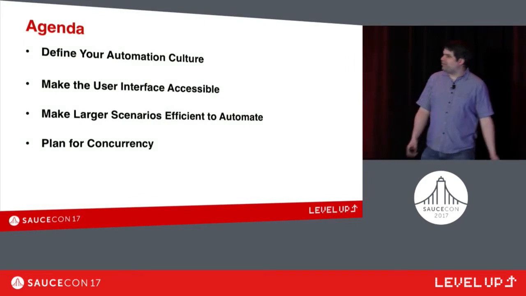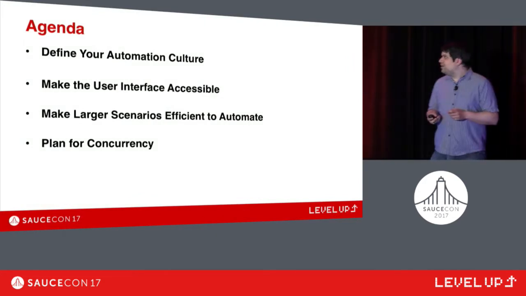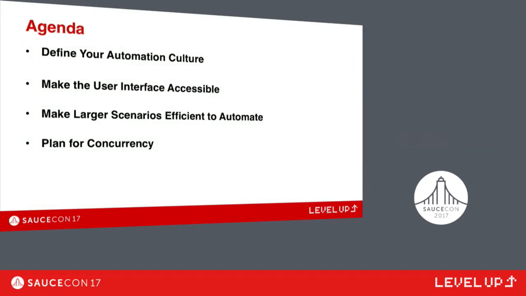So I've kind of broken it down into a couple of key components. I'm going to start with defining your automation culture for your company or for your product. I think this is the most important thing you can do to help your apps or your automation efforts succeed. Then I'm going to talk about how to make all the pieces of your user interface accessible. Accessibility and automatability are the same thing, which is great.